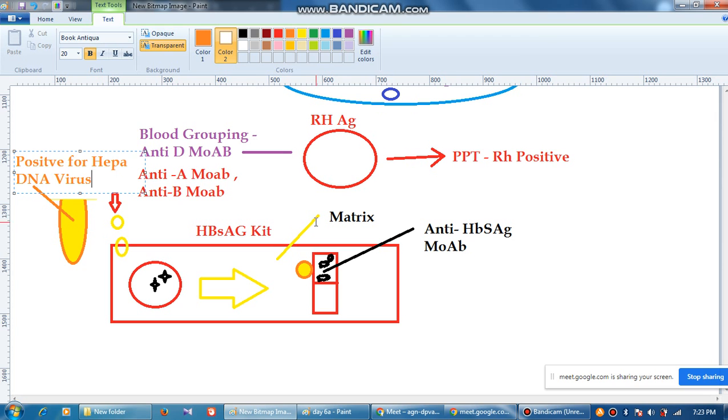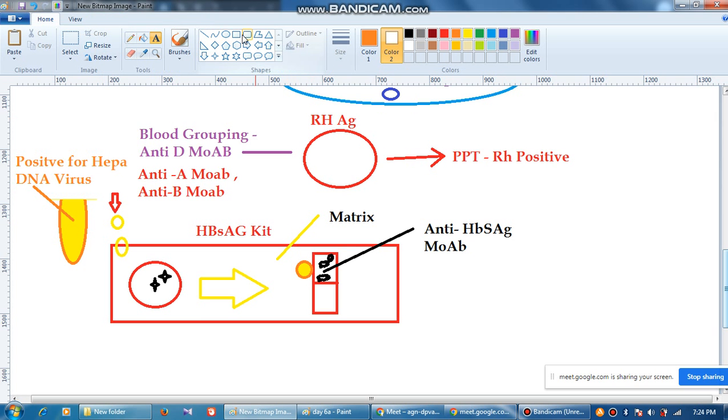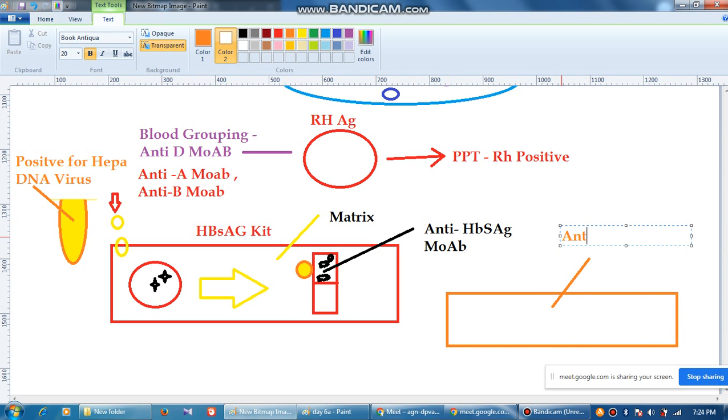Similarly, we also have pregnancy detection kits, as you all know. Who can tell me what the antibody is against in pregnancy detection kits? HCG, anti-HCG antibody, human chorionic gonadotropin antibody.